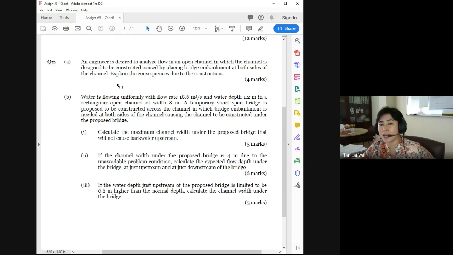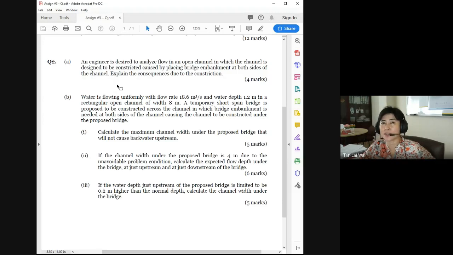I hope you still remember that for flow over a broad crested weir, you have H min, and for flow through a constricted channel, you have B max. I hope you are still clear for case 1: Y1 equals Y3 equals Y0, whereas Y2 is not YC.